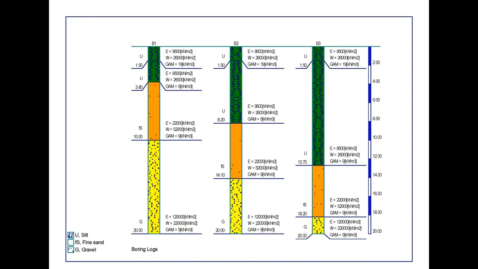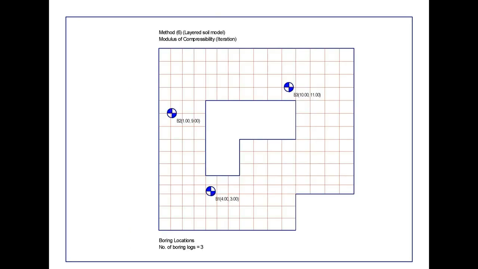Each layer has its level or depth or thickness from the ground surface as shown in this figure. For the groundwater table it will be 1.5 meter from the ground surface, and for the foundation depth it will be 2.7 meter. For boring location it will be as shown in this figure.